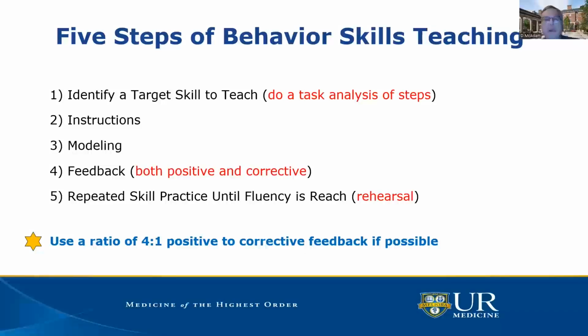And it's important that the ratio of positive feedback is greater than corrective feedback. And then you have the student repeatedly practice the skill until they reach fluency. So that by fluency, we mean that they can easily and smoothly display the behavior which has been task analyzed.